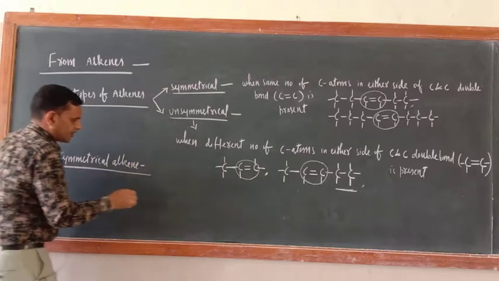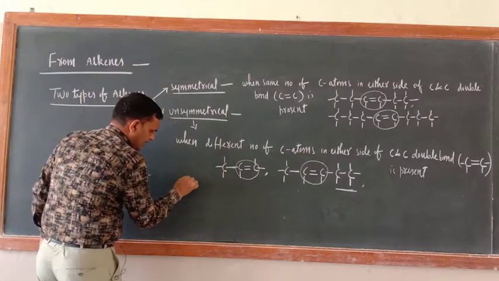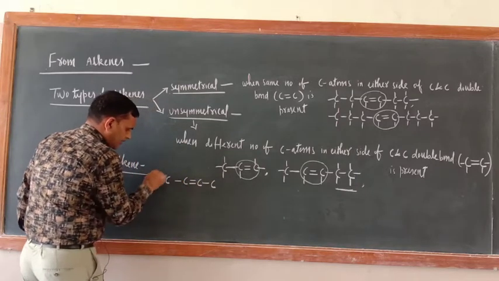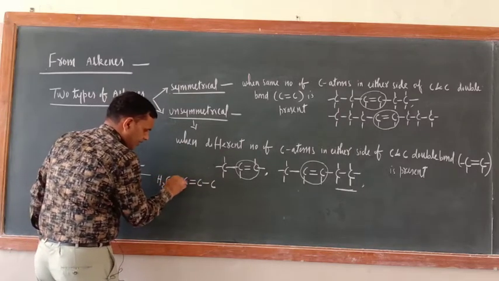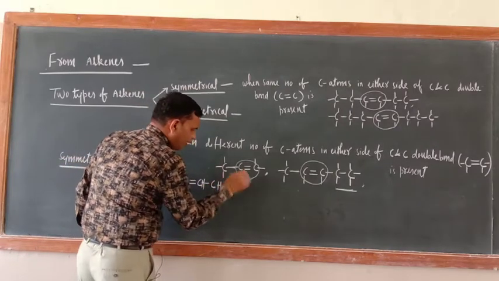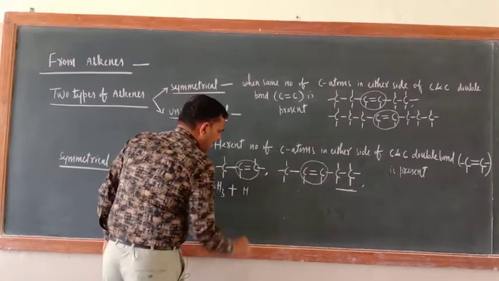Suppose I took this one: C double bond C, here C, here C. So this is CH3. Here what is there? CH. Here also CH. Here CH3. Now add here HBr.